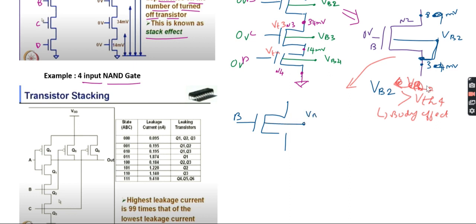As I mentioned, this should be connected to VSS. If I do this, your VSS is nothing but 0 volt, correct? Then what will happen? Your VB2 will be less than your VTH. Then there is no body effect. So this is the difference you will get.